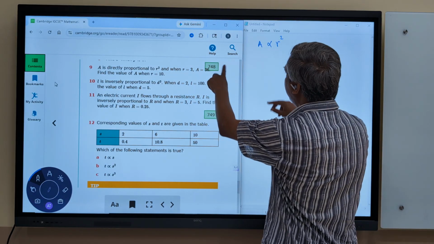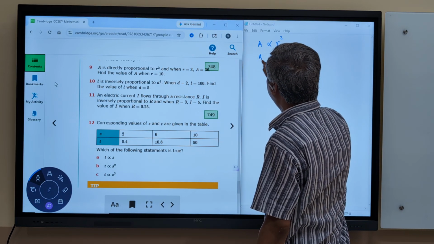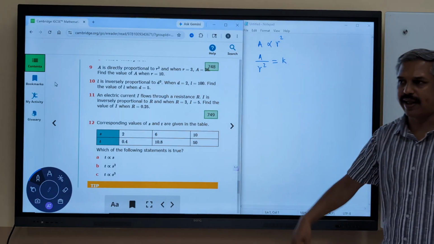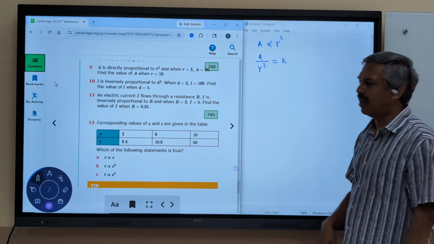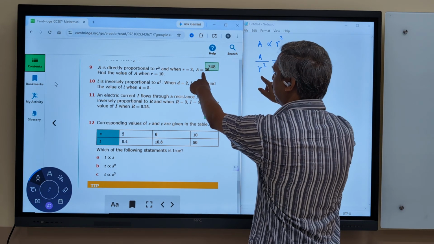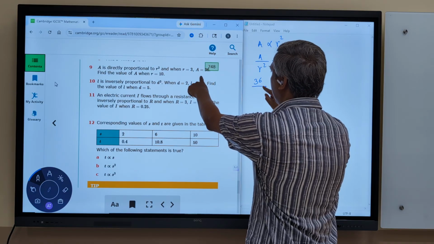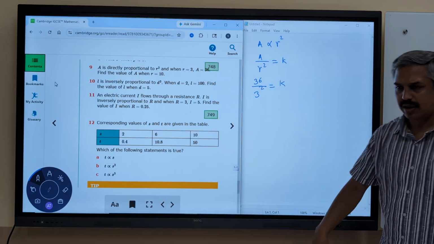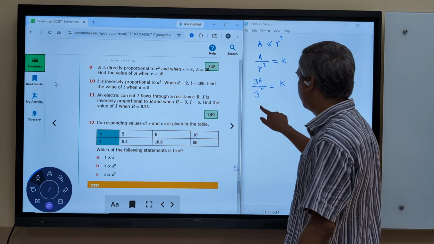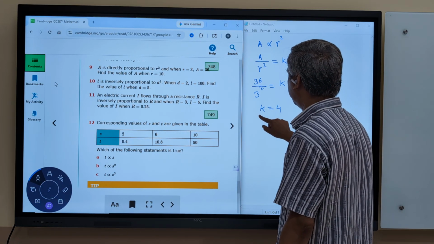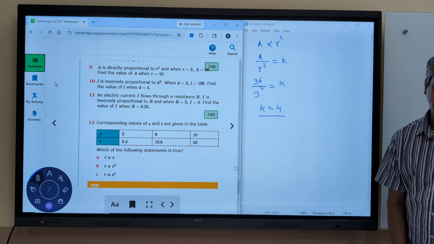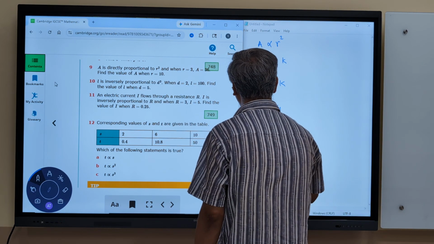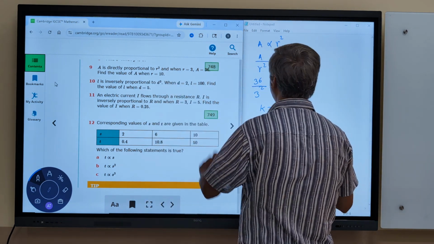When r is 3, a is 36. We'll first write a upon r square is equal to constant, because that's how direct proportionality works. Now we get a is equal to 36 upon 3 square, which is 36 upon 9. So k is equal to 4. Then find the value of a when r is equal to 10.